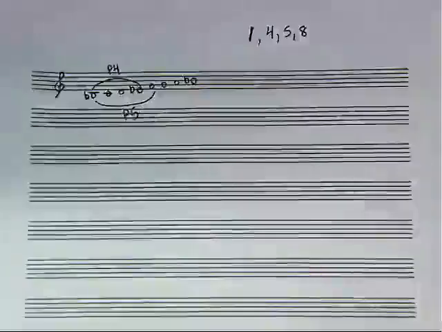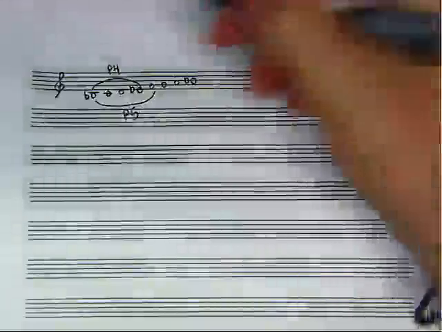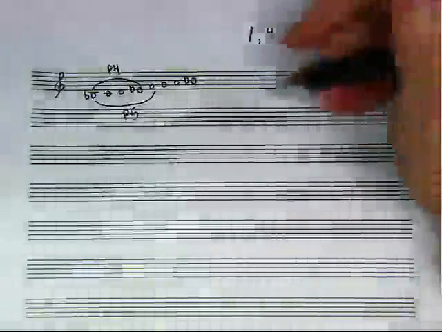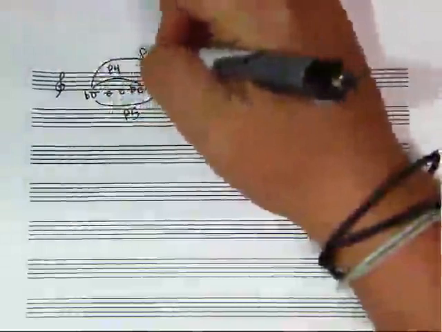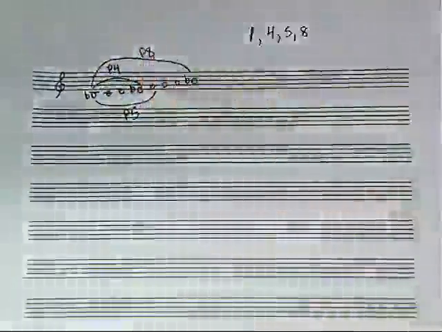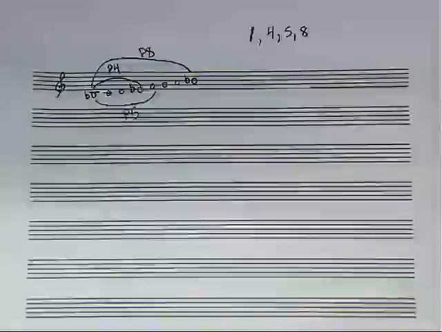From B flat to F is a perfect fifth. And if we do the whole octave, we call it either a perfect eighth, or a perfect octave is more common. So a P8 is a perfect octave. From B flat to B flat an octave above is considered a perfect octave.